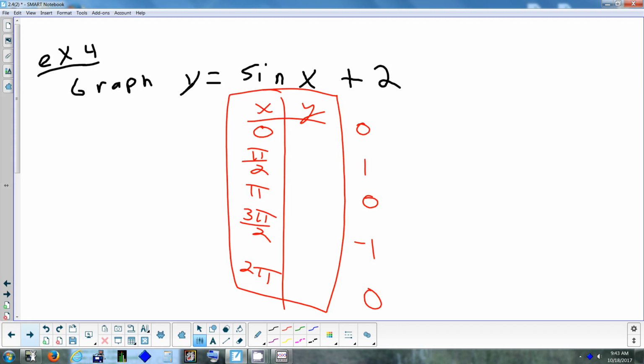What am I going to do now to all those y values? 2. Yeah, I'm just going to add 2. So Mason, can you tell me what I get when I do all those calculations? 2, 3, 2, 1, 2. Perfect. 2, 3, 2, 1, 2. That's it. That's a shift up.